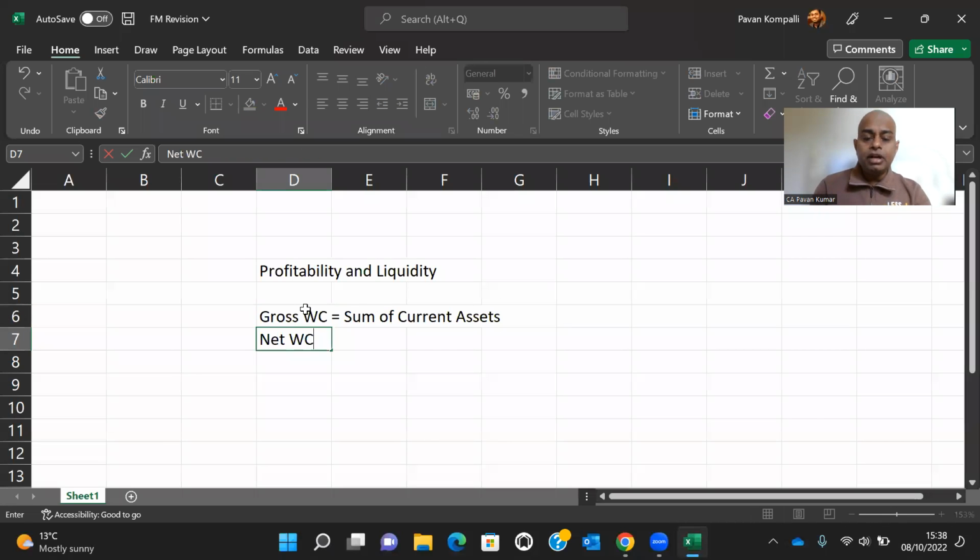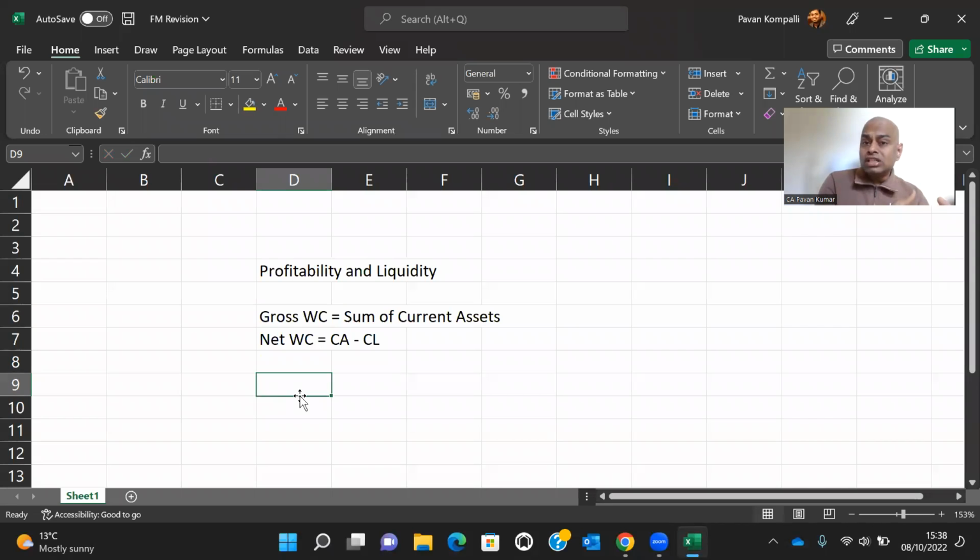What is net working capital? Net working capital is current assets minus current liabilities. That's all. If you add current assets, it is gross working capital. If you subtract current liabilities from it, it is net working capital. So based on the concept or value, working capital is of two types: gross and net.